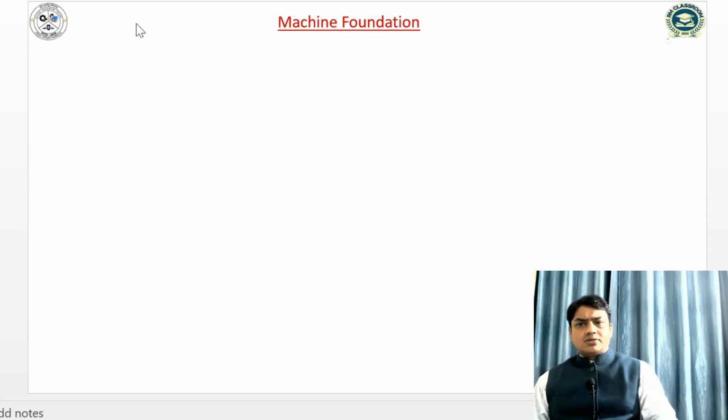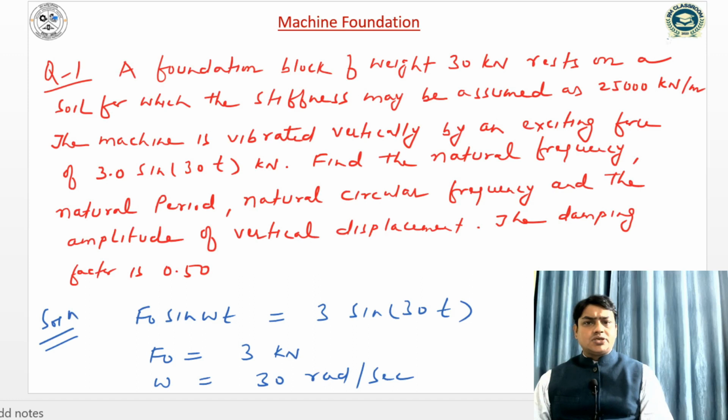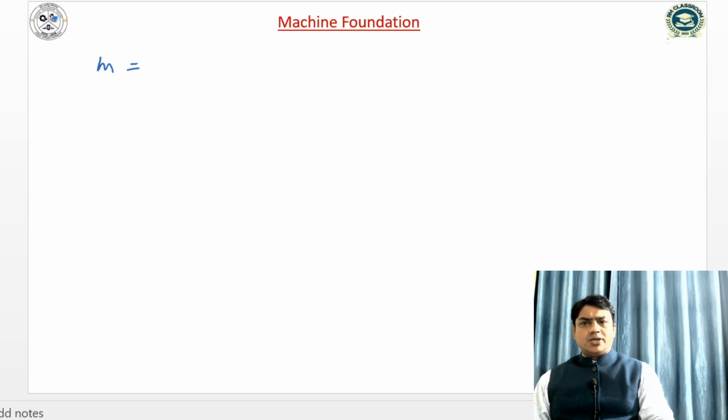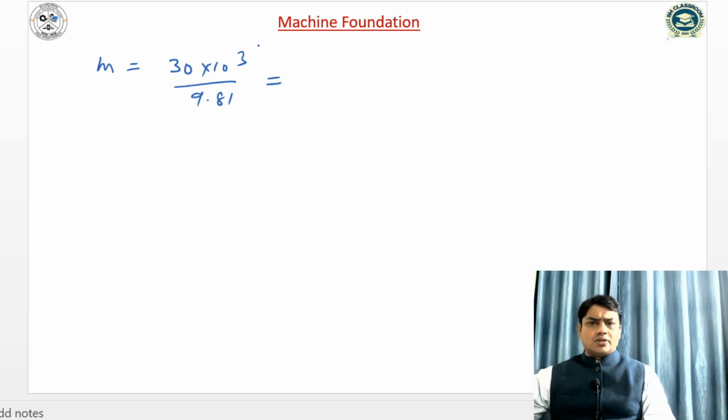Mass is given, mass is equal to how much? 30 kilonewton. So it will be 30 into 10 to the power 3 divided by 9.81. So it will be 3058.1 kg.